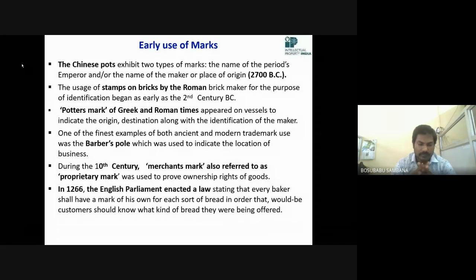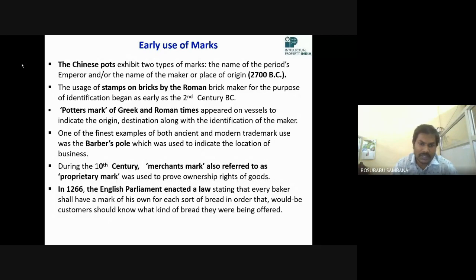Some artifacts and some legal issues occurred during the 2nd century BC. In a way, they used categorical identification for structured stone and brick, categorized into two factors. Potter's marks of Greek and Roman types appeared on vessels, indicating particular origin and destination, along with identification of the maker. And the second, the finest example is the barber's pole in our India.